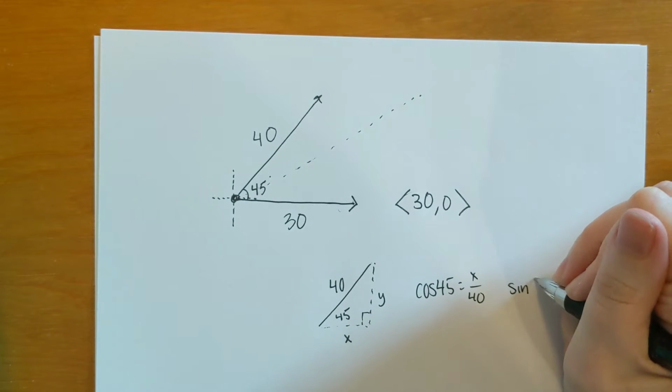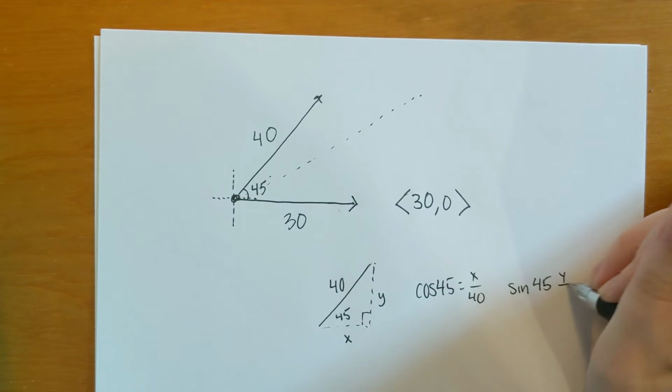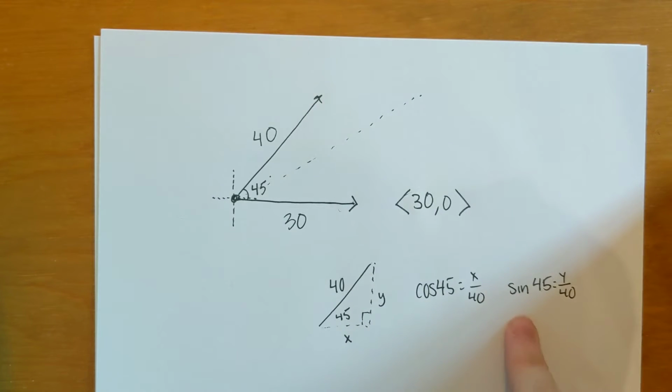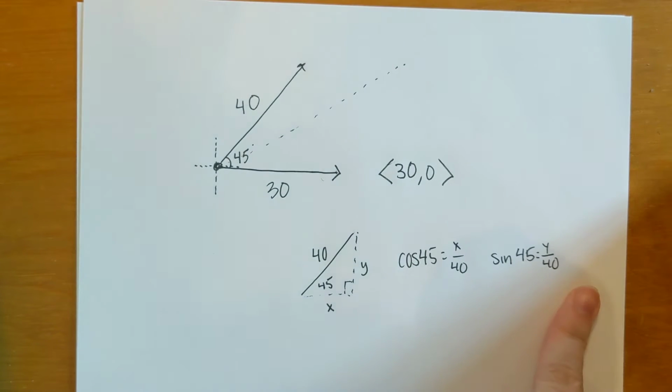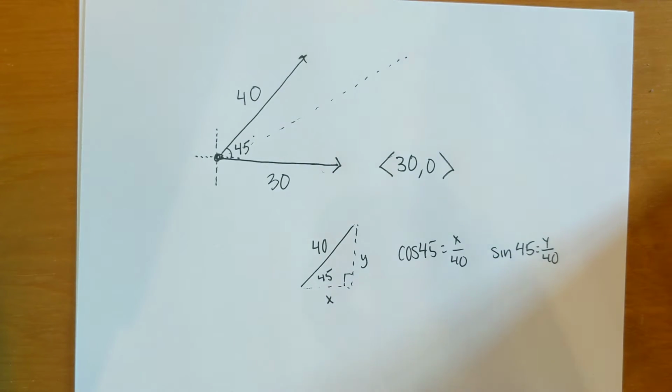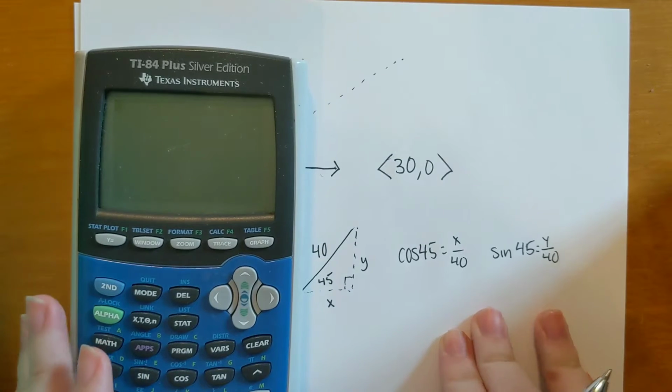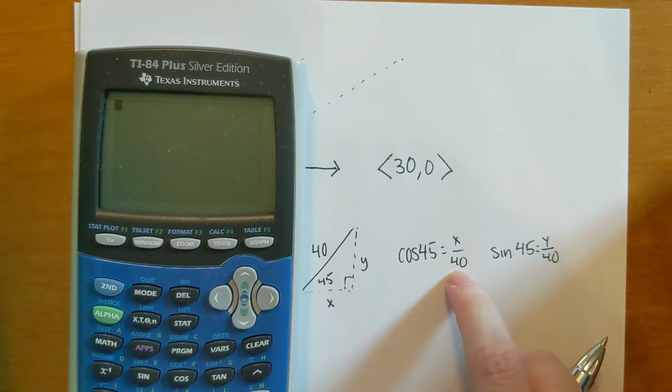We know sine of 45 degrees would be y over 40. Cosine of 45 is the same either way as sine of 45, so our x and our y are going to be the same.